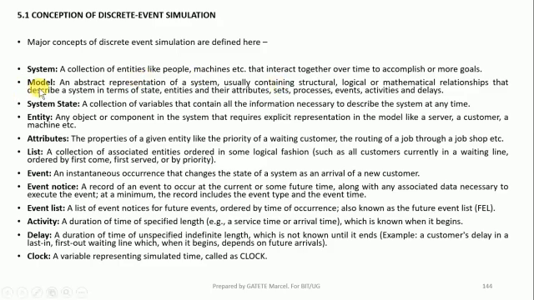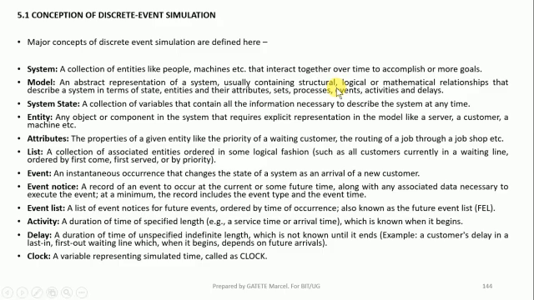A model is an abstract representation. Abstract means that it is not real. It means that we can represent a system on a sheet of paper or on a computer. It shows the structural, logical, or mathematical relationships that describe a system in terms of states, entities, attributes, sets, processes, events, activities, and delays.